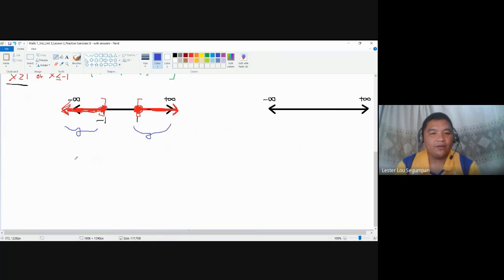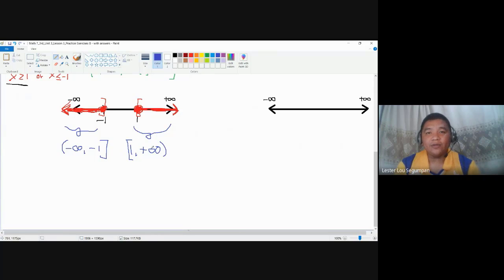Our interval notation to complete this is for this region and this region. We have two regions now. From the leftmost region, you have here negative infinity to negative 1. Infinity is always open, but since we use a bracket here to denote equality, we also use a bracket here. The other side, we started with 1 and we go towards positive infinity. Again, infinity is always open, but 1 here should be closed.